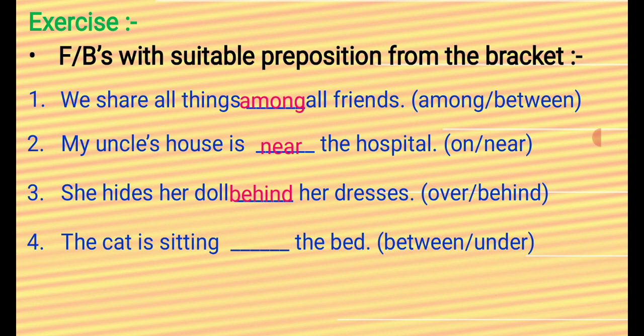Look at the options: between the bed and under the bed. Then you will get the answer. So we use under here. This is the way you have to think about the sentence and then attempt your answer.